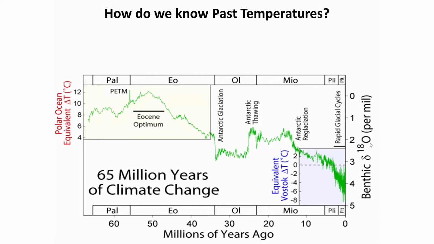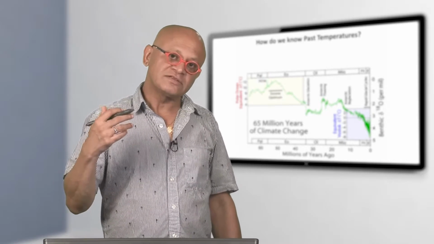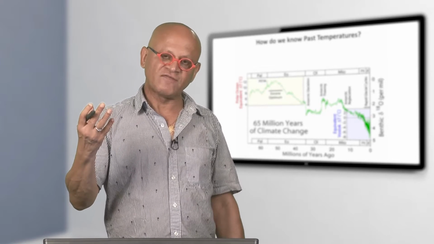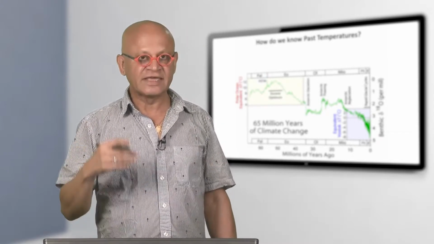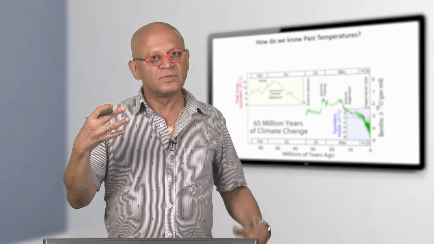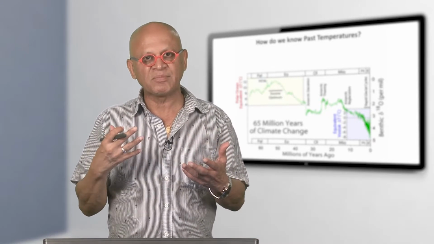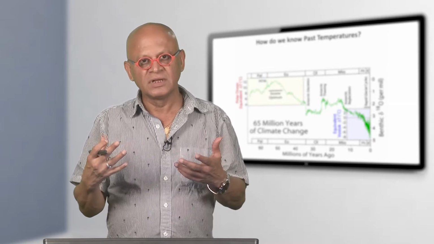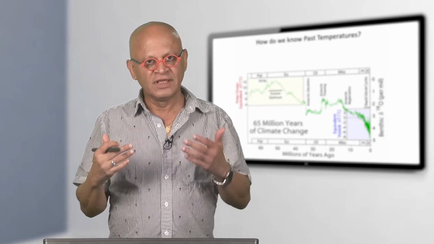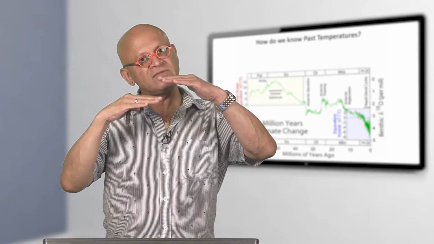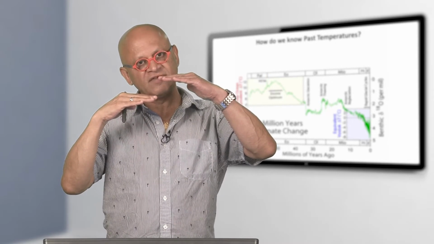Oxygen you typically teach as having a mass of 16, and it also has isotopes of 17 and 18, which means it has a couple of extra neutrons, and they are mixed together. So depending on where the evaporation happens, where precipitation happens, where snow falls and so on, the amount of O16 versus O18 is different.